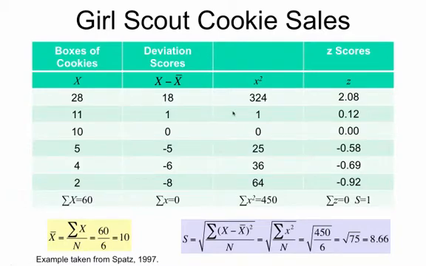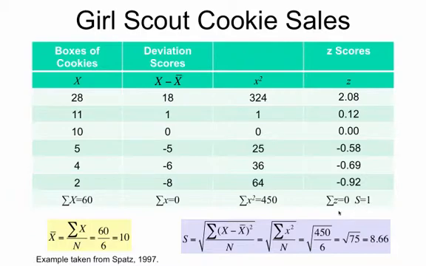I hope you can see that the actual computation of a z-score is now quite simple, given what we had already accomplished in computing the deviation scores and the standard deviation for this set of data.